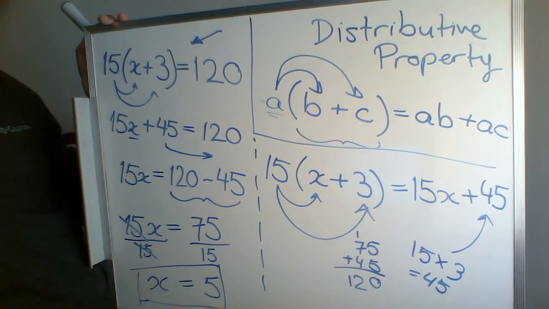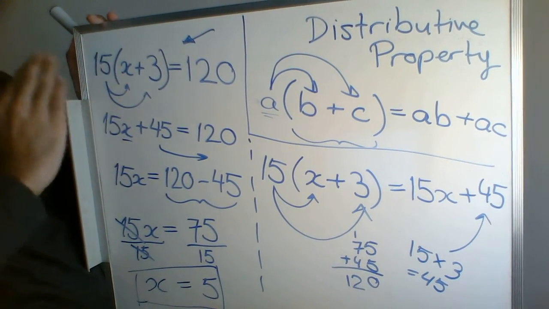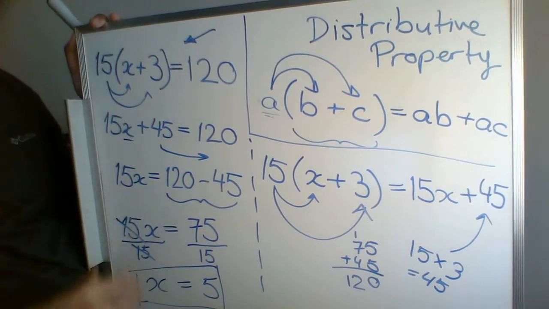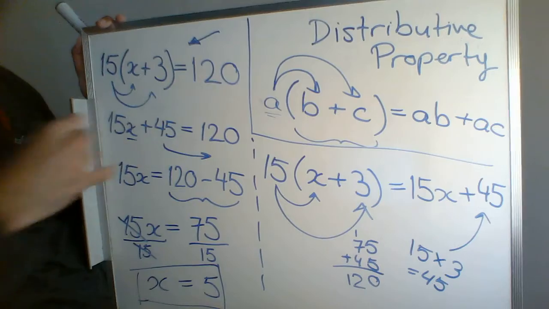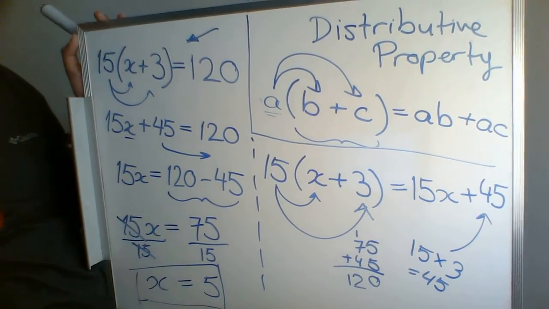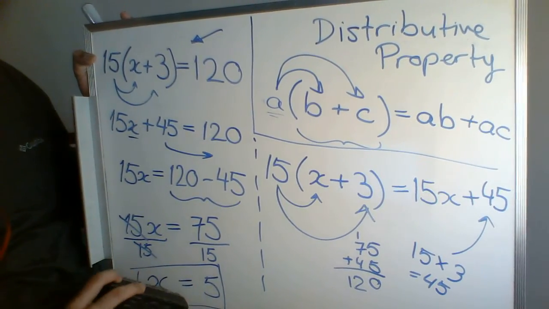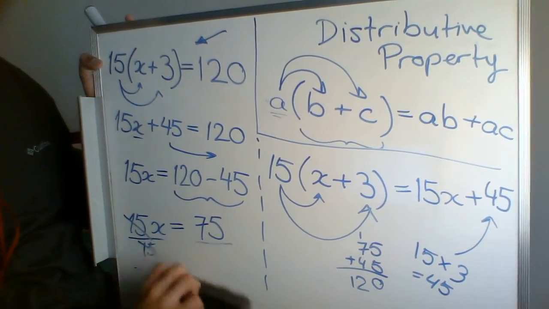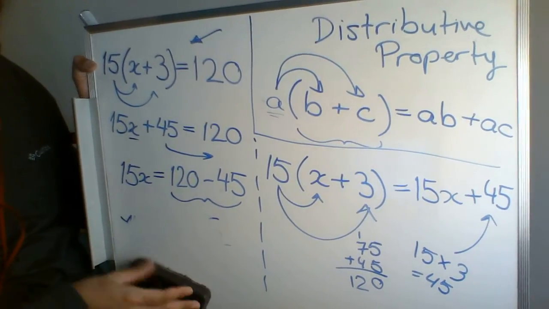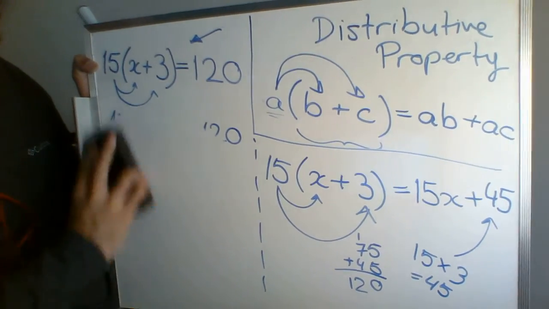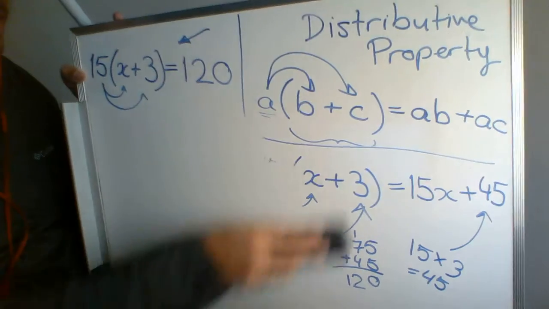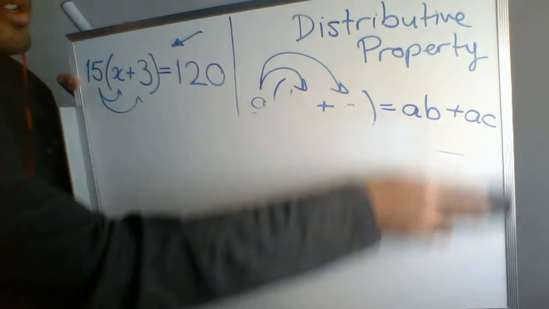Just see if plugging in a 5 over here will actually get you 120 on this side, and see if you can get a 15 on both sides. However you want to solve it, just take that x equals 5 and plug it into the original and solve that to see if both sides of the equation agree with each other.